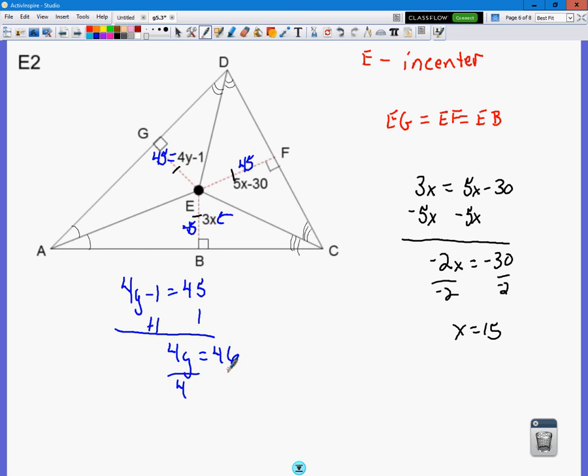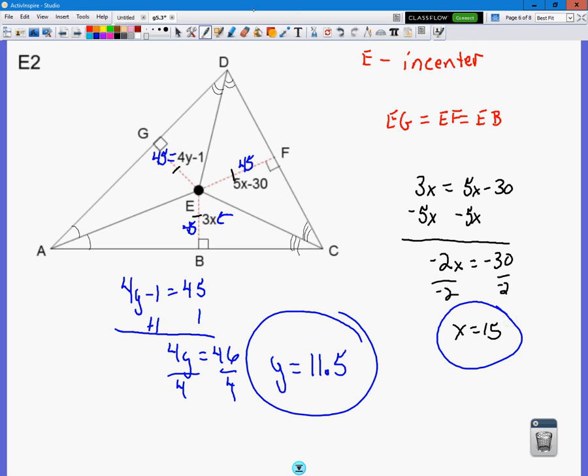If I divide both sides by 4, y is equal to 11.5. Are there any questions? We all good?